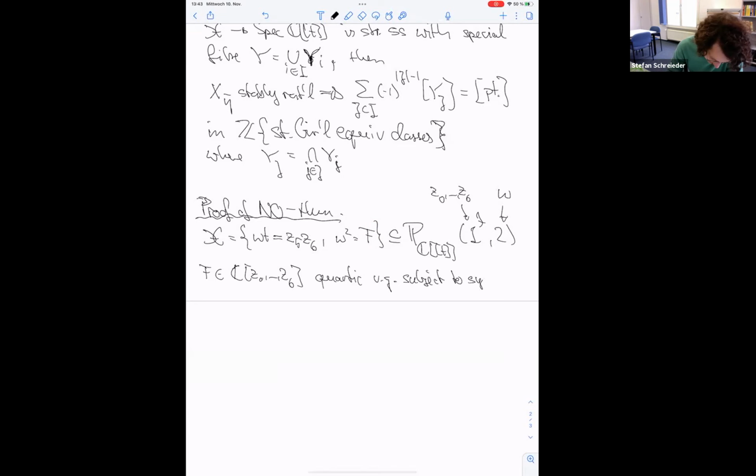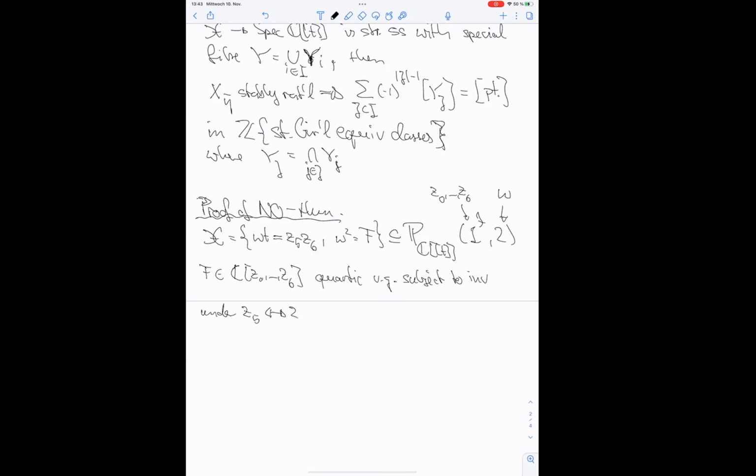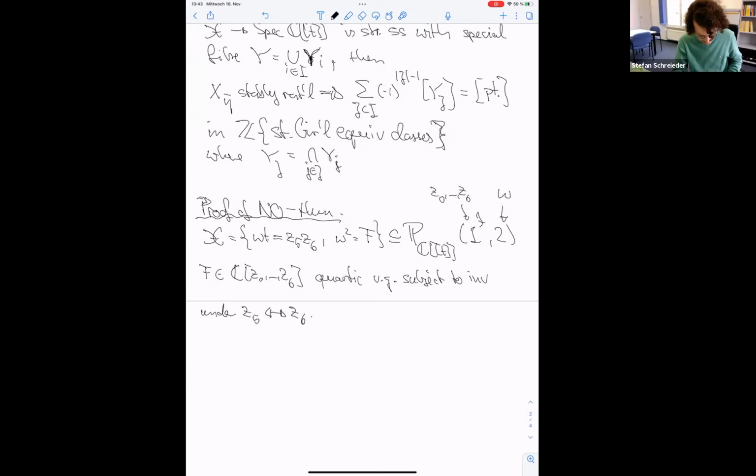invariance. And what is T? Yes, so T is an element in this ring.